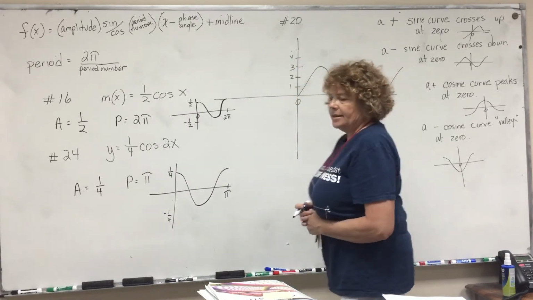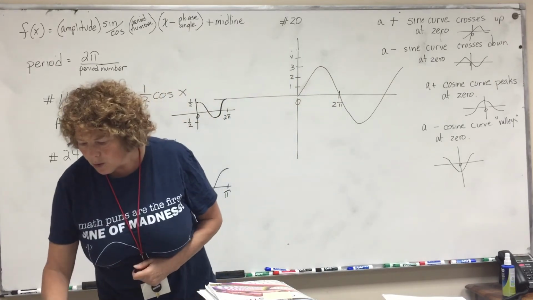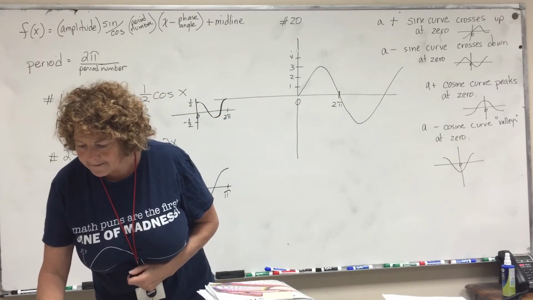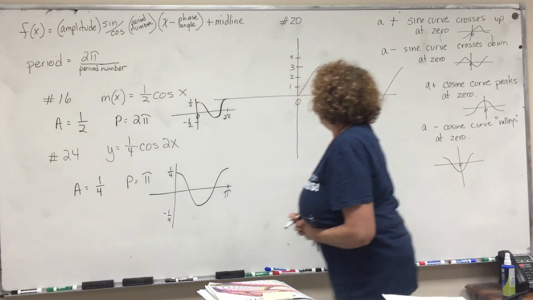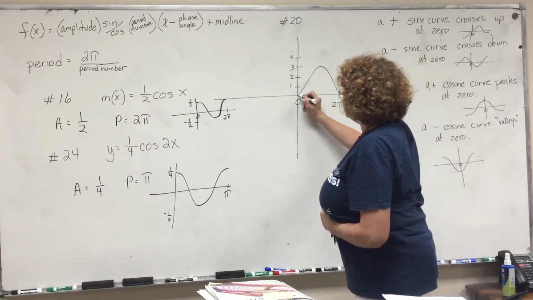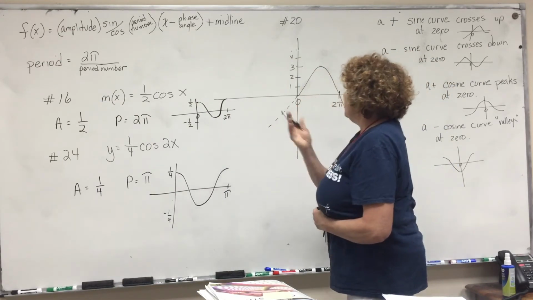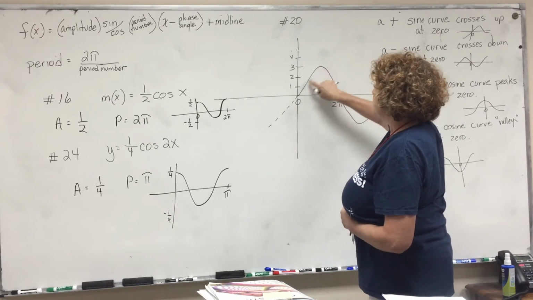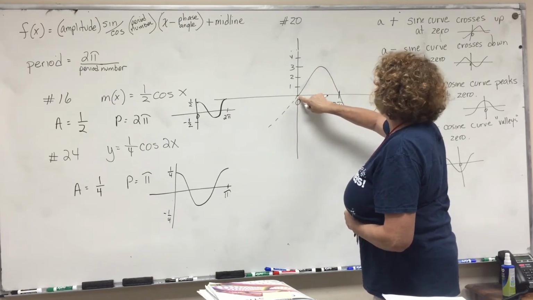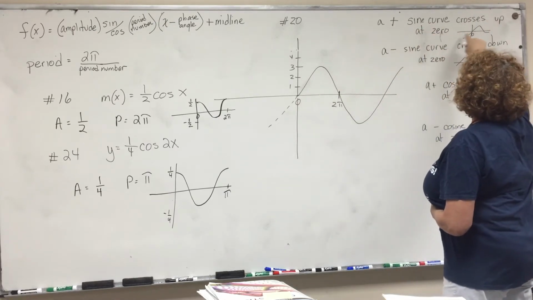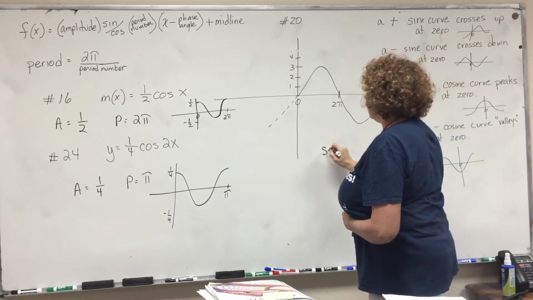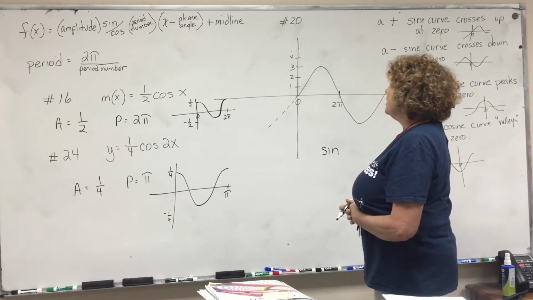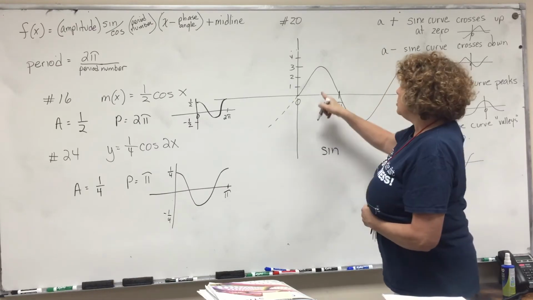Number 20. Number 20 wants you to write the function. Well, look at this. If you look at the one in your book, it is crossing up. See, it's crossing up. So if you look up there, it crosses up at 0, so it is a sine curve. So now let's look at the amplitude.